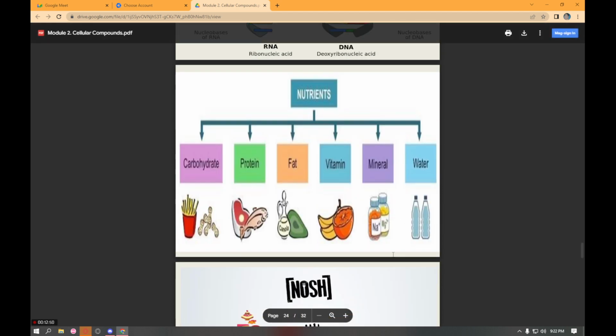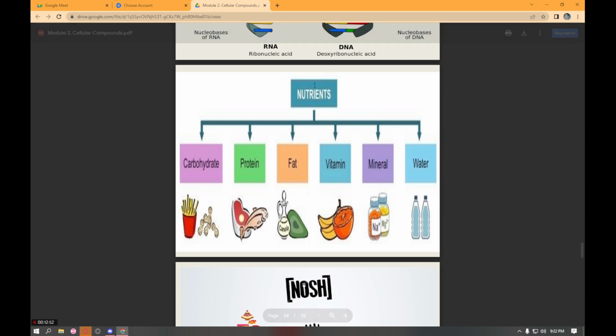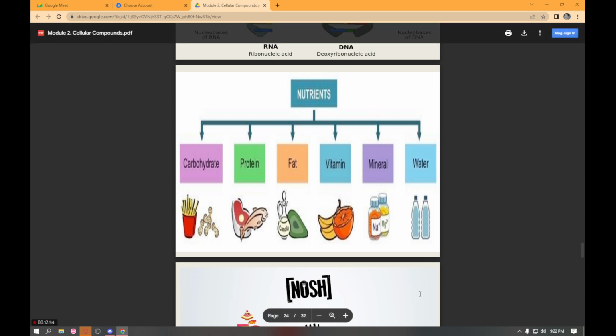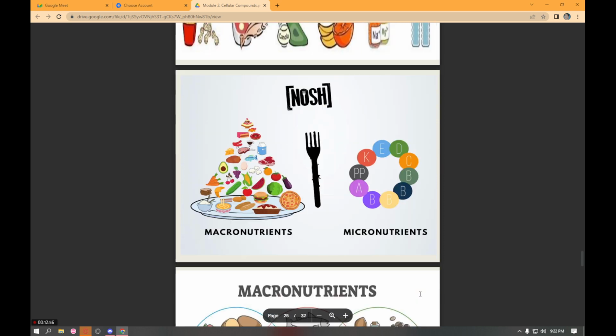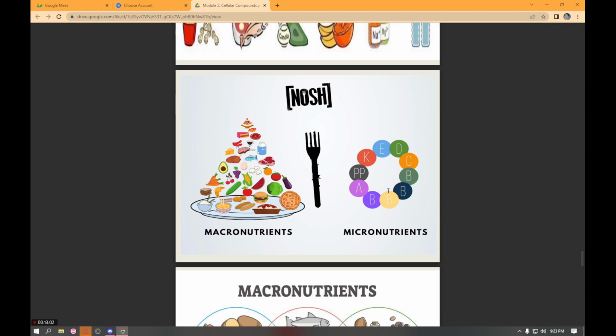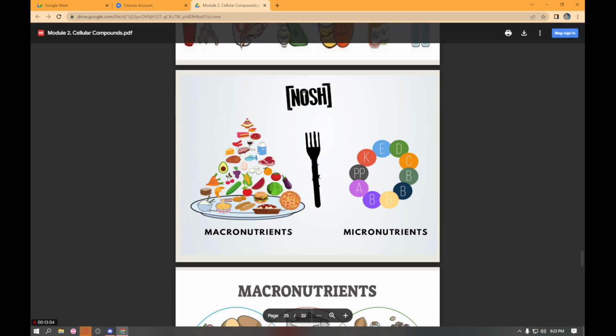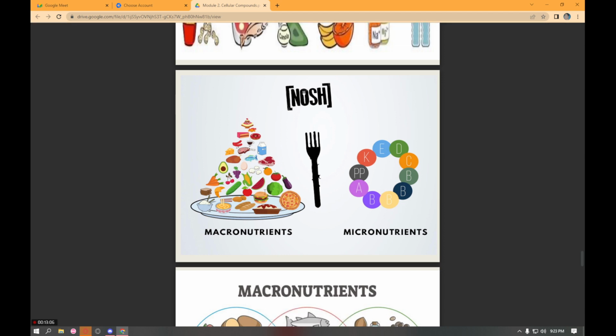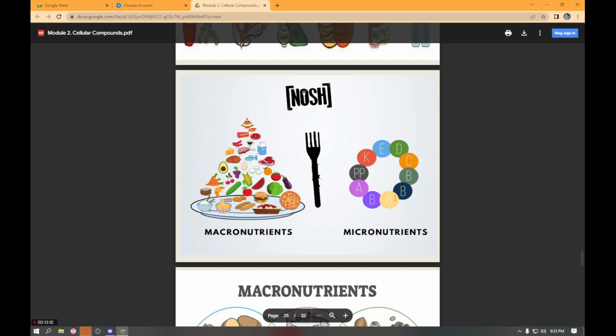So your water is included here as a nutrient. The nutrients are divided into 2, the macronutrients and the micronutrients. Macronutrients, from the food that we eat, are the carbohydrates, lipids, and protein. Your micronutrients are the good sources.